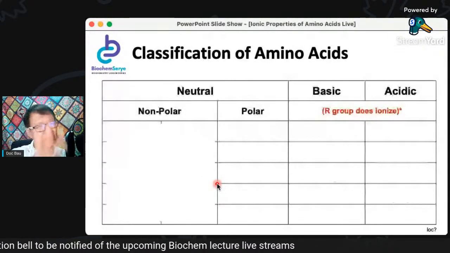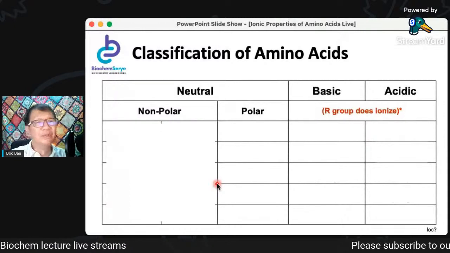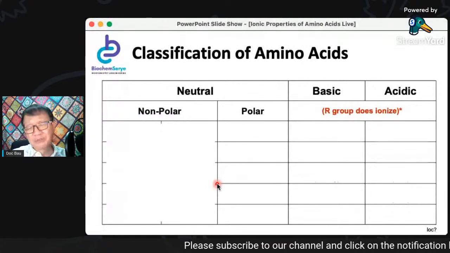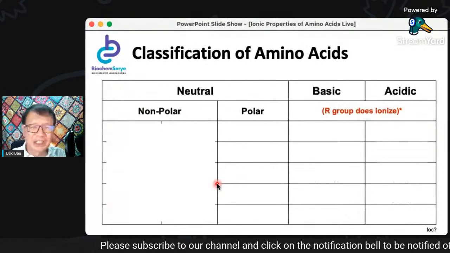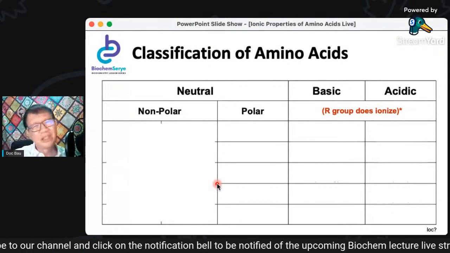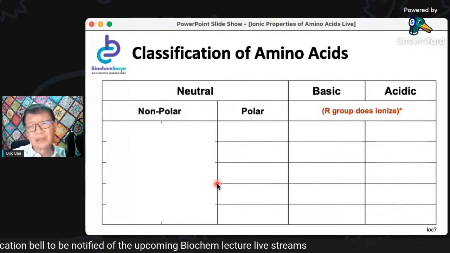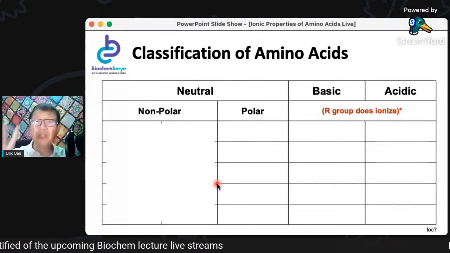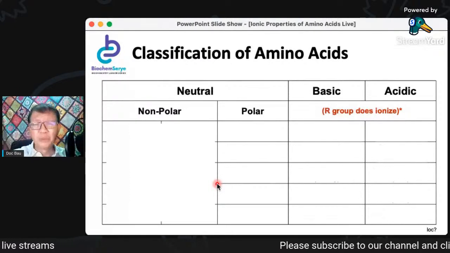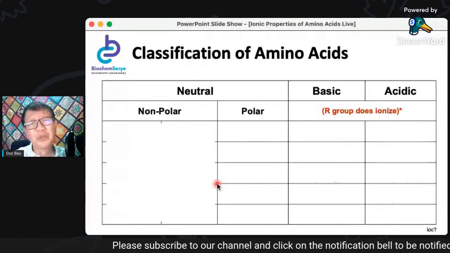So let's just go through this very quickly. Anyway, this is really very helpful. You have 20 amino acids, and sometimes you might have questions in the exams: which of the following amino acids is essential, is polar, will not ionize, etc. It's really confusing, and sometimes students will use mnemonics. The problem with mnemonics is sometimes they're weird, and sometimes you know the letters but you don't know what they stand for.